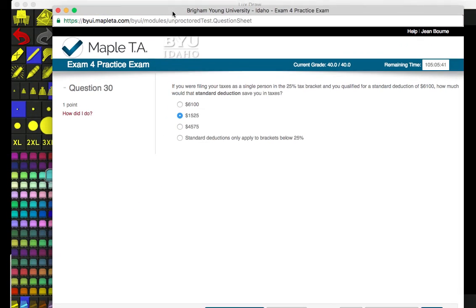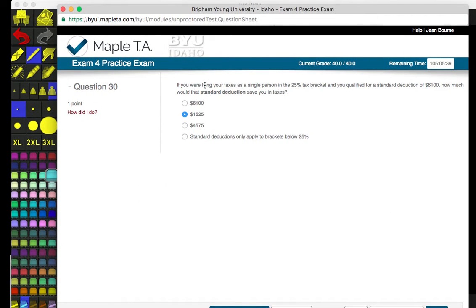We're not actually going to do it, but if you were filing your taxes as a single person in the 25% tax bracket, you'd be lucky if you were making that much money as a single person, and you qualified for a standard deduction of $6,100, how much would that standard deduction save you in taxes?